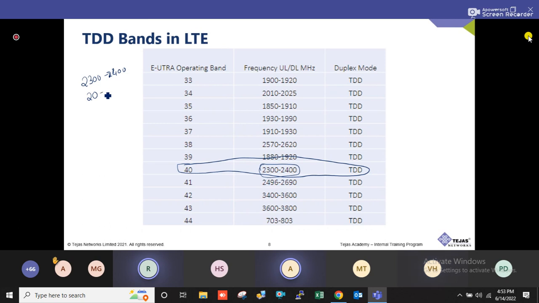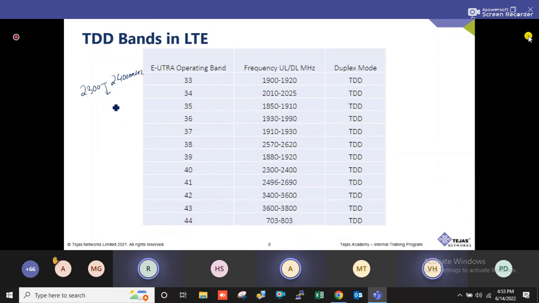It has 20 megahertz plus 20 megahertz, two channels. For simpler purposes, I'll just mention it as 20 megahertz so we can understand things better. If you look at it, the total channel bandwidth is 100 megahertz.